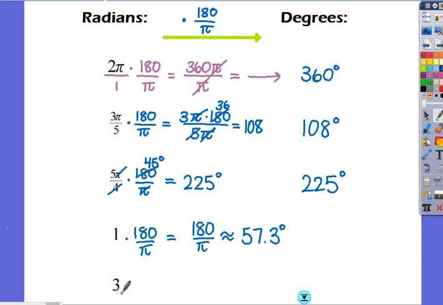Well, that's a little less than pi radians, right? 3.14 would be 180 degrees. 3 would be a little less than that, so let's see what that comes out to. So this is going to be whatever 3 times 180 is, divided by pi. Let's calculator that up. I thought it would be almost 180, and I just got 171.9.